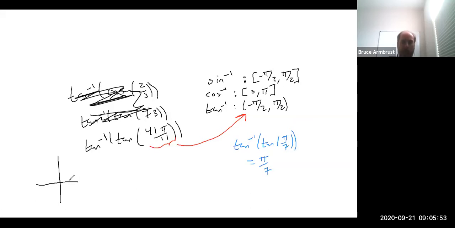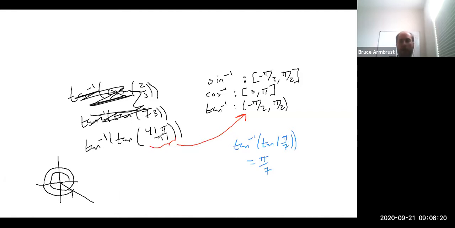So we start with 0. We're now at 11/11. Come all the way around, we're at 22/11. 33/11, which means we need to go 8/11 more. Well, 8/11 more is going to bring me somewhere over here.